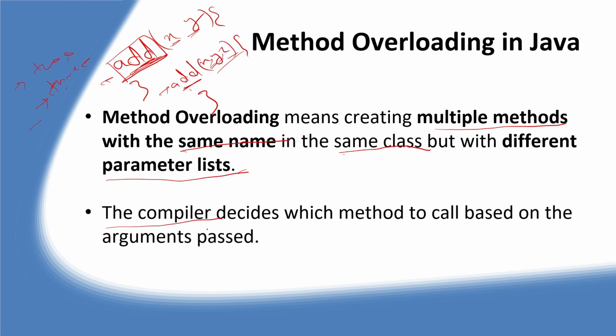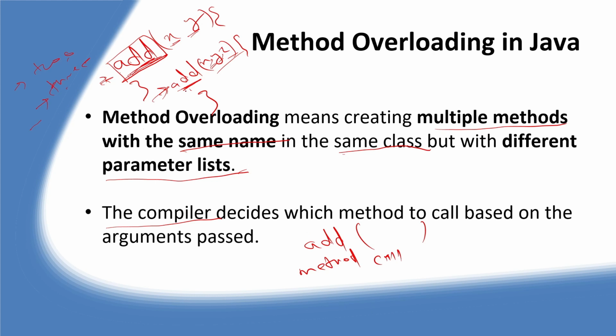So when we call this method add, how will the compiler decide which method to call, because both methods have the same name? The compiler might be confused about which method to call.